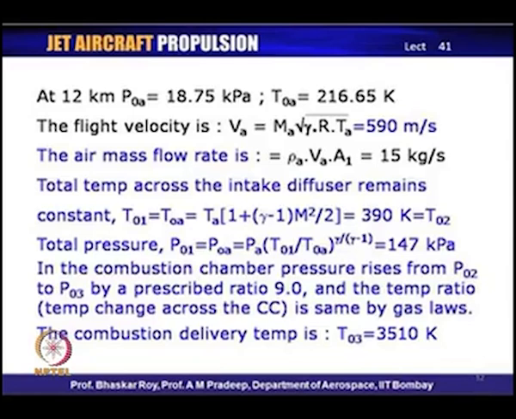Using the simple gas laws for a static air or any gas in an enclosed volume, the temperature ratio would be the same as the pressure ratio, and hence the combustion delivery temperature T03 would be equal to 3510 K.